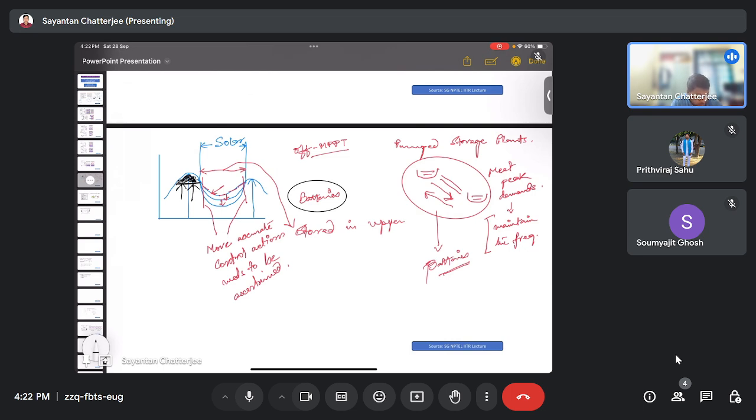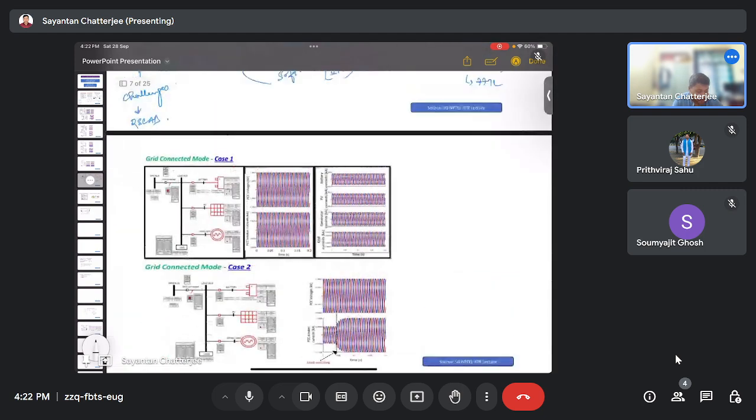And the diesel generator, another thing we have seen in this diagram.